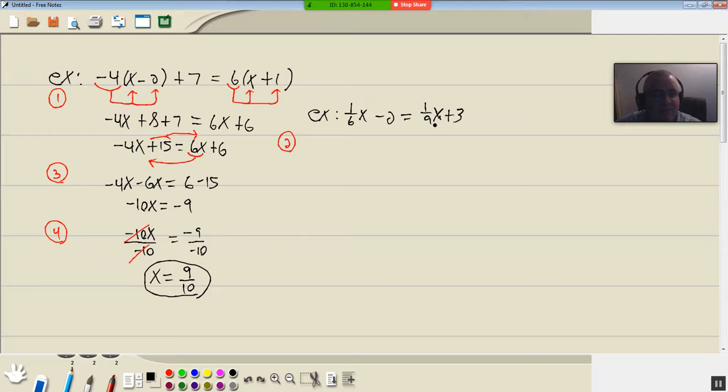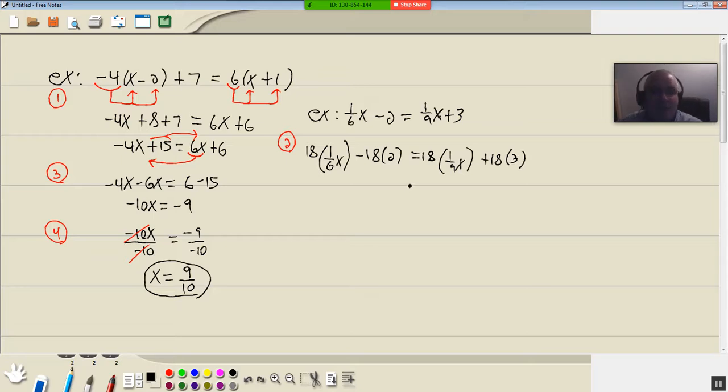Well, we got 6 and we got 9. So we'd multiply everything by 18, the LCM of 6 and 9. So we'll multiply the 1/6 x by 18, minus, we'll multiply the 2 by 18. We'll multiply the 1/9 x by 18. And we'll multiply the 3 by 18.